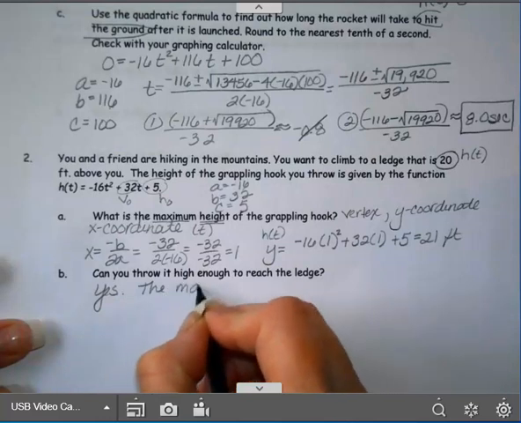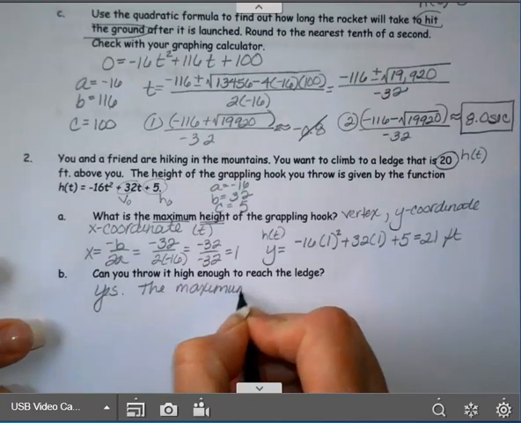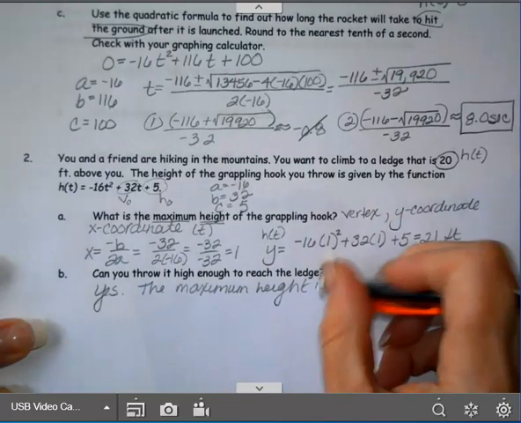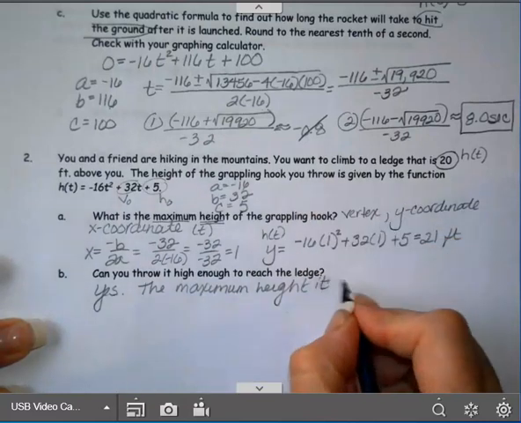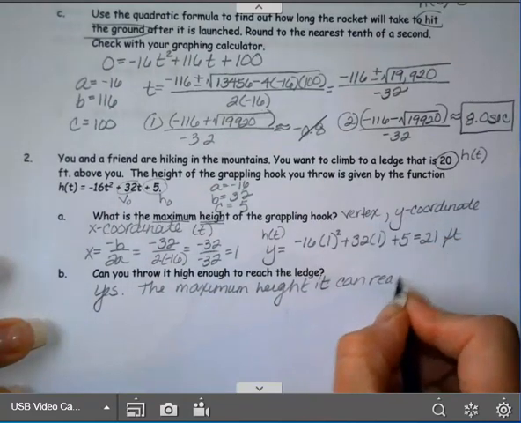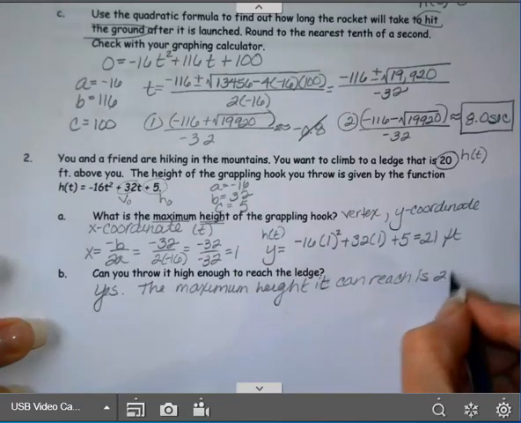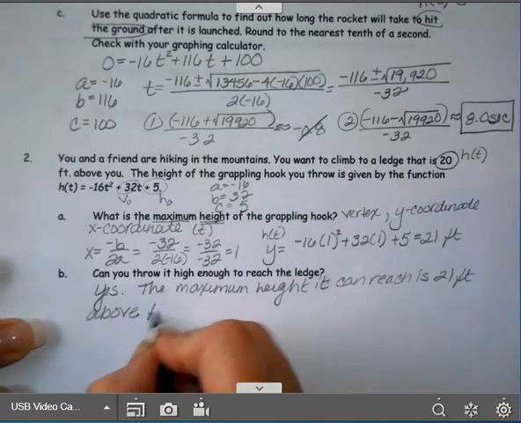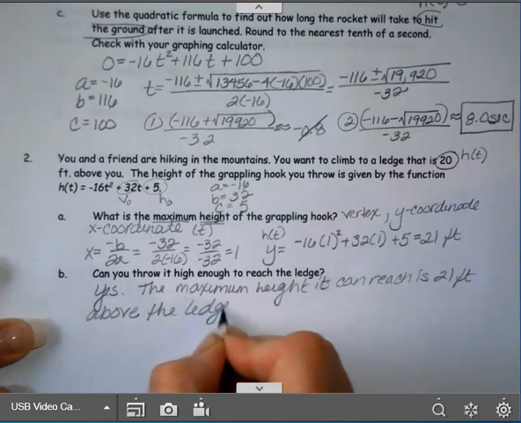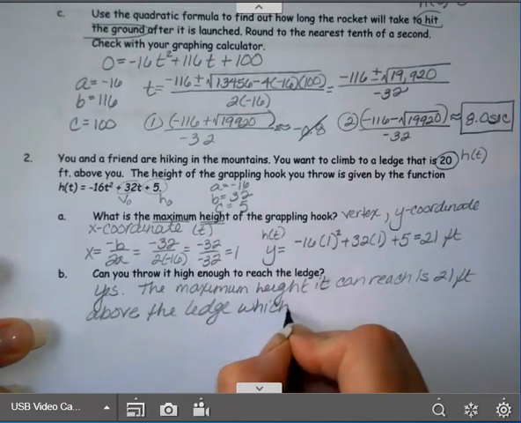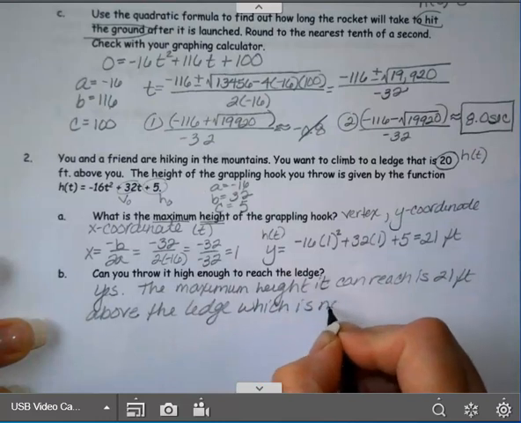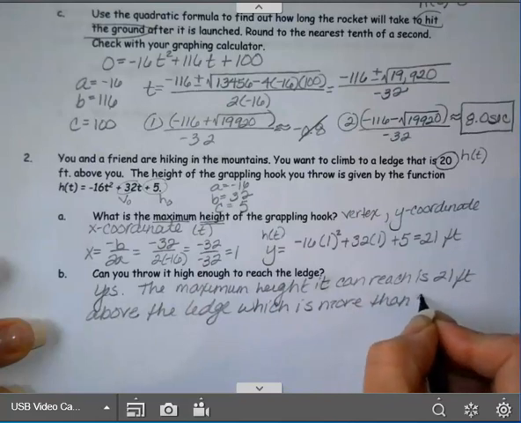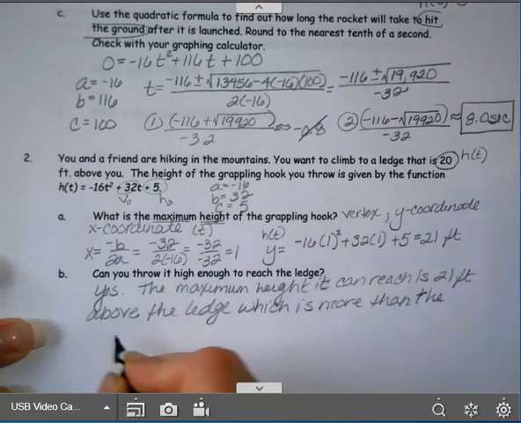The maximum height it can reach is 21 feet, which is more than 20. So more than the ledge of 20 feet.